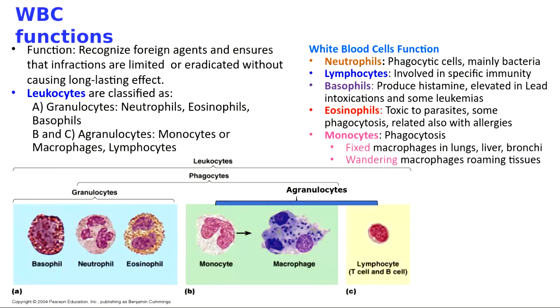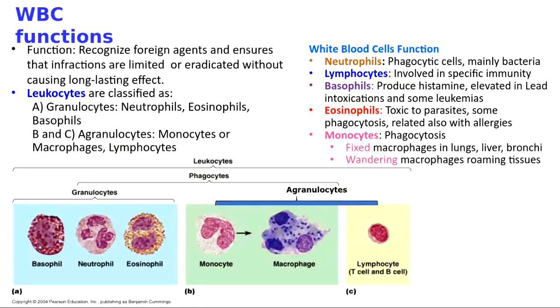Granted, eosinophils and basophils have some other functions that make them a little different, but these 4 have the ability of engulfing and digesting any foreign particles, organisms or debris. The lymphocytes are the only ones that are different. They are involved in specific immunity, and specific immunity has to do with the making of immunoglobulins. Again, that's coming up in another unit.